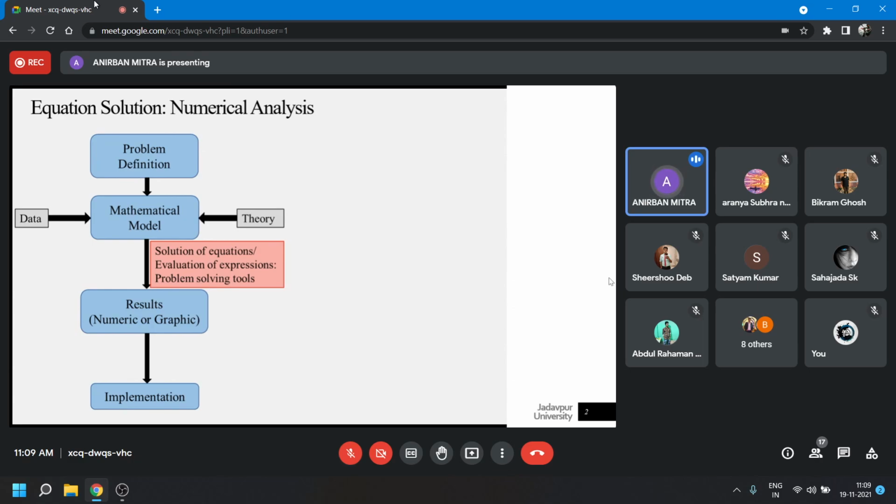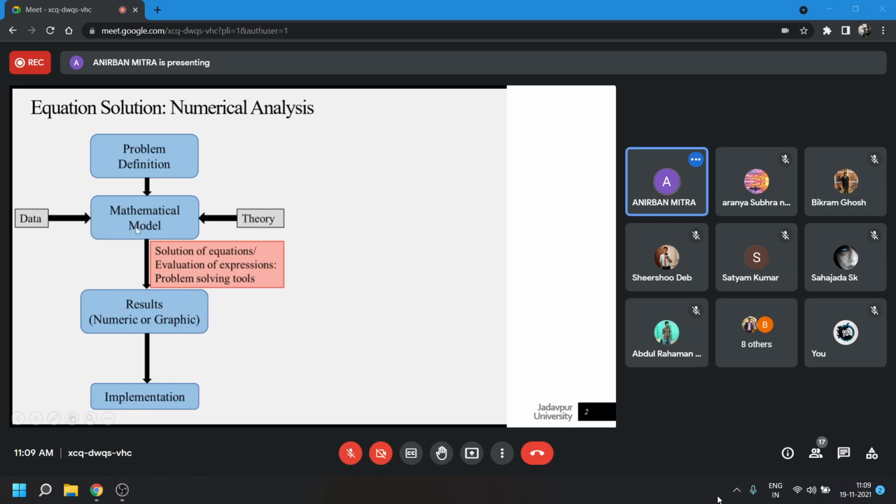This might seem familiar to you because we have already discussed this in quite a bit of detail in one of the very first lectures of this course. Seeing that we are at the moment in the domain of numerical analysis, the important thing here for us is here.